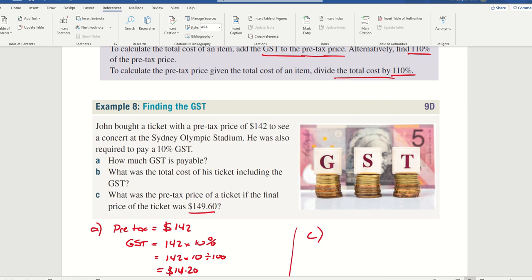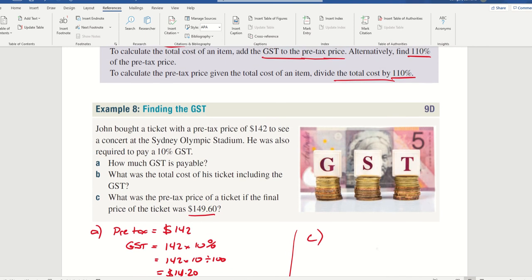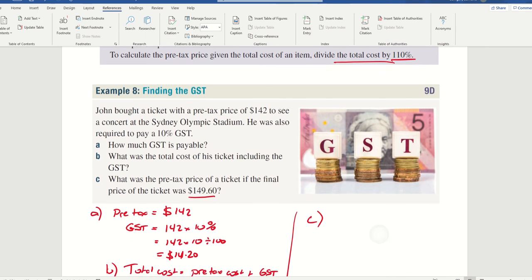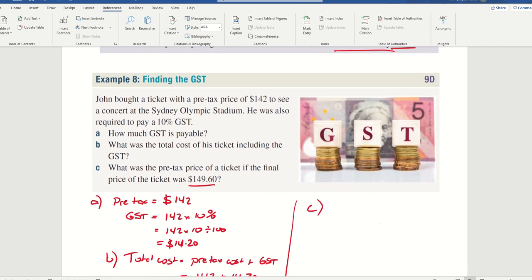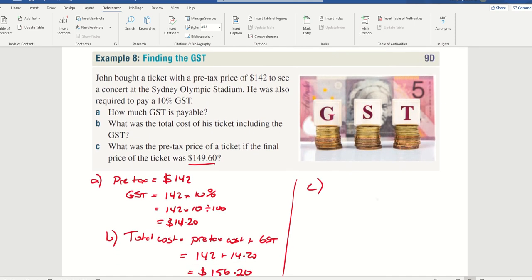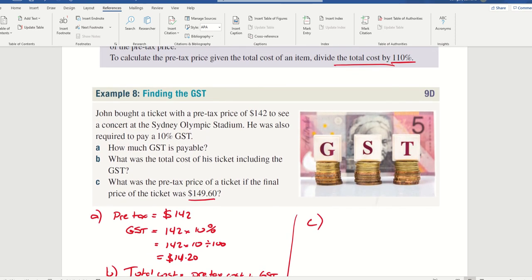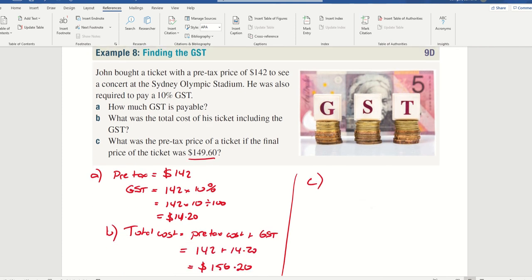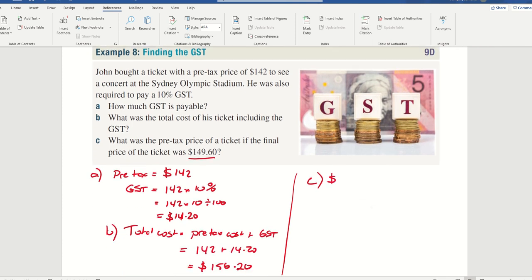But the best way to do this is to find the unitary cost, which is the same sort of thing.